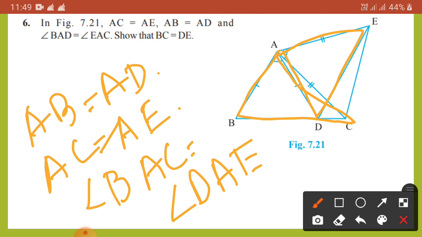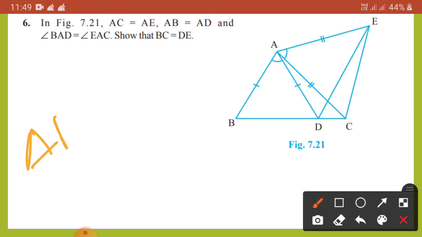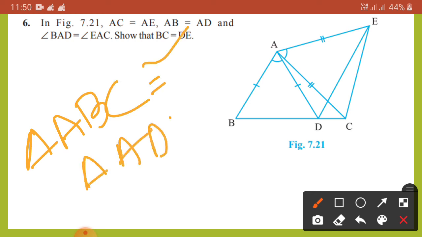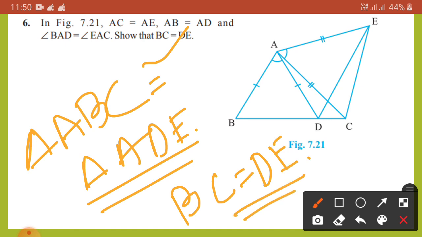By SAS congruence, triangle ABC is congruent to triangle ADE. Then by CPCT, BC is equal to DE.